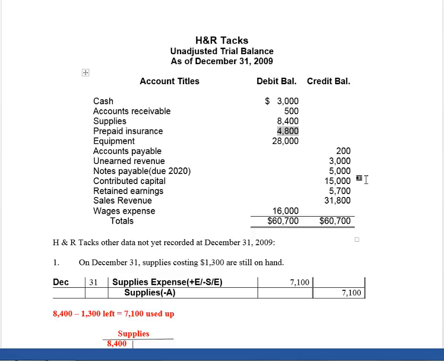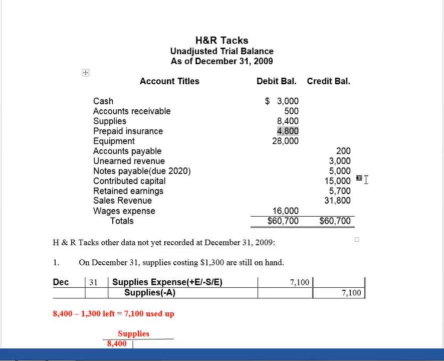So that means we paid up front, and during the year we were using up the benefit from that prepaid insurance, which is insurance coverage, right? So I've got this prepaid insurance asset, and I'm using it up. So whenever I use up an asset, I create an expense or a cost of doing business. I buy insurance because it's part of what I need to run my business, right?